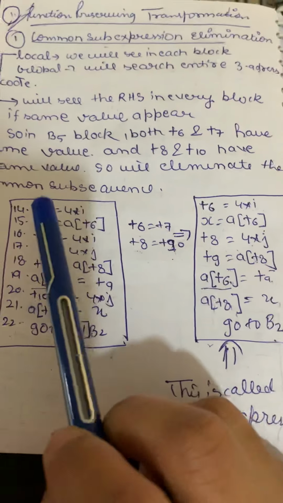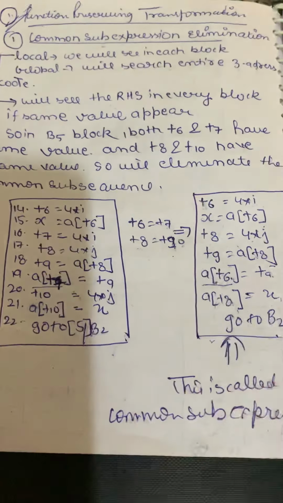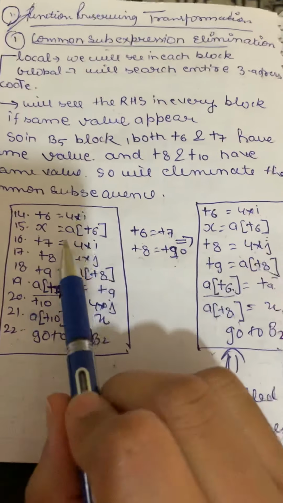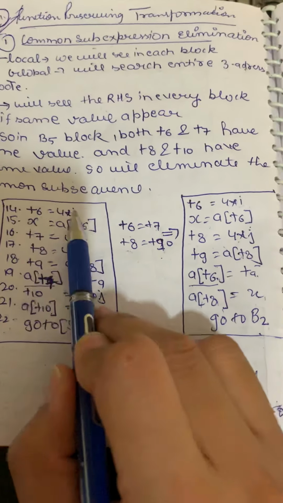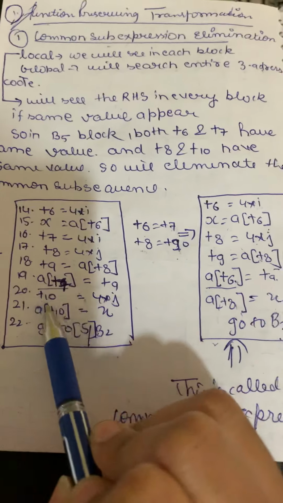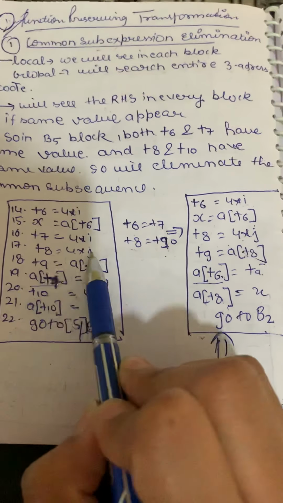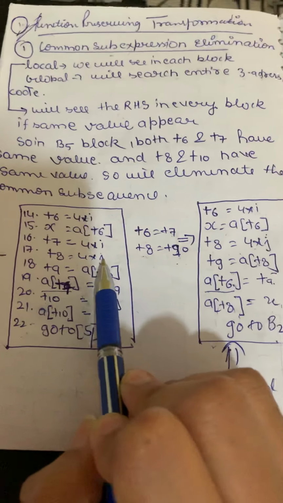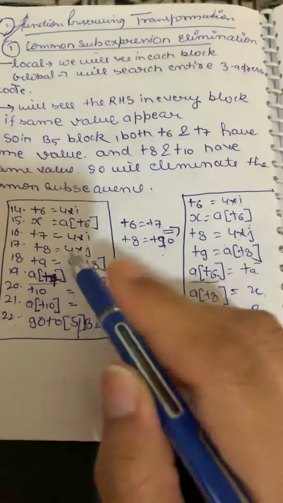For example, T6 is 4 into I and T7 is 4 into I, both are the same, so we can eliminate that. Even T8 and T10 are the same, 4 into J. Remember one thing, you will consider only one.